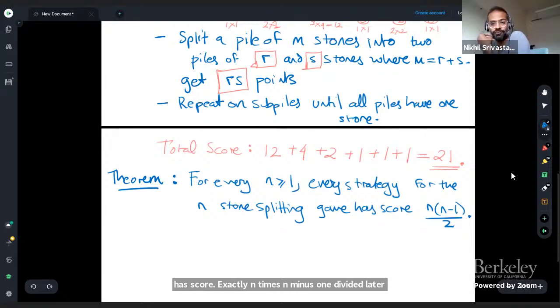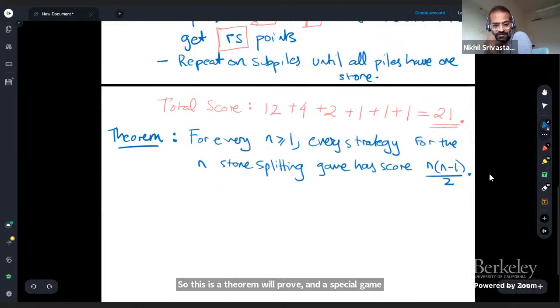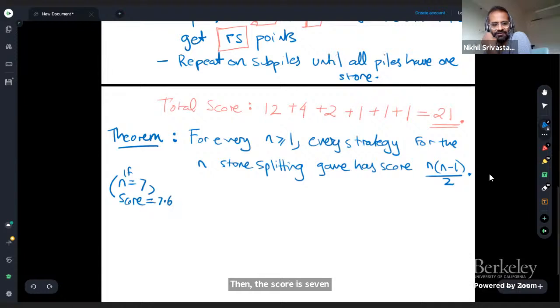So this is the theorem we'll prove. And a special case of this is n equals 7. Then the score is 7 times 6 divided by 2, which is 21.